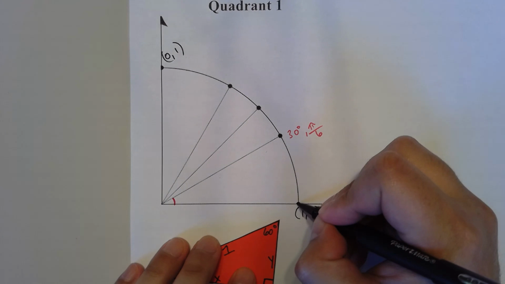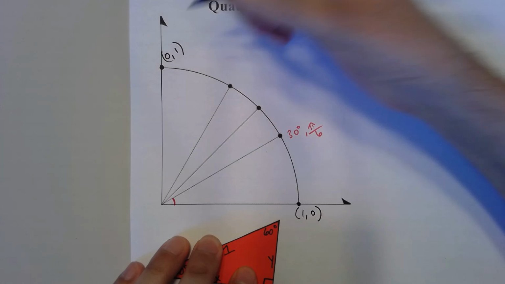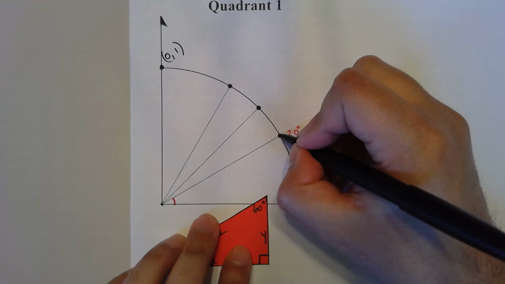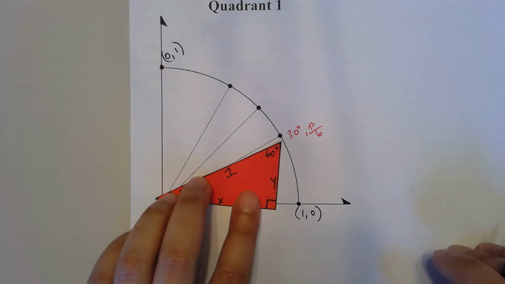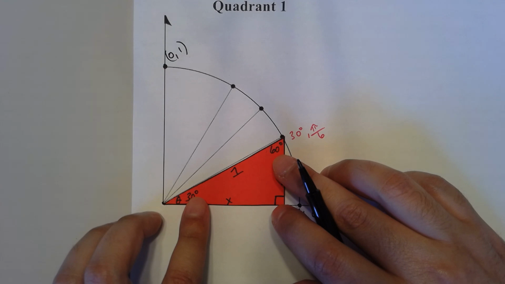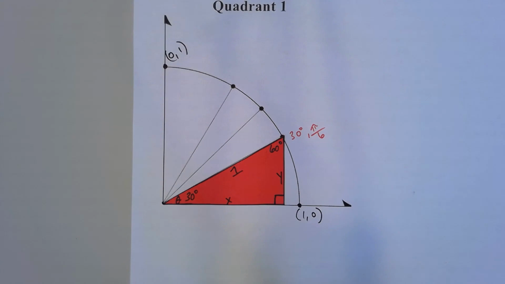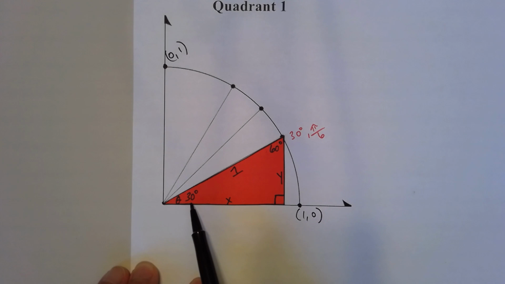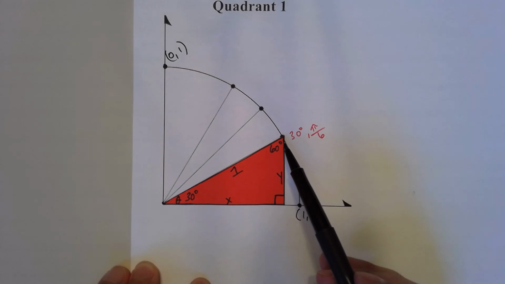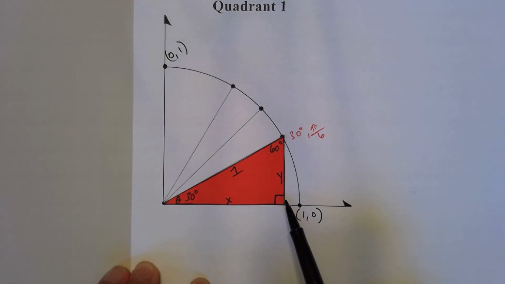I know this coordinate right here is 1, 0, and this coordinate up here is 0, 1, and this coordinate in the middle is 0, 0. But what are the coordinates for a 30-degree angle? Well, funny thing is, when I draw this triangle, it makes a triangle we've worked with before, 30, 60, 90. Theta is the angle in the middle. That's always going to be theta for the unit circle. So in this case, theta is 30 degrees. The angle on the edge is 60, and then of course that's a 90-degree angle.